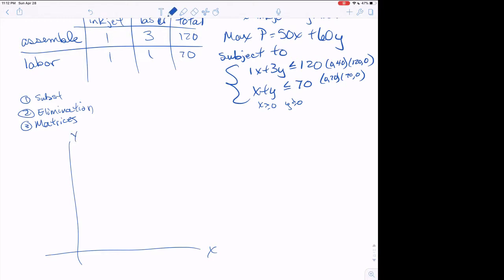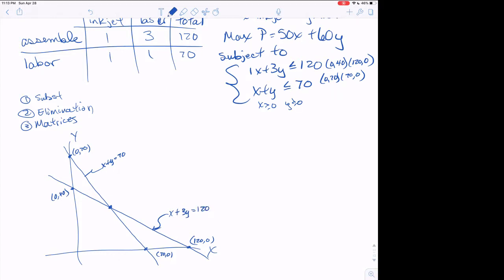So if I know that this is 70, 0, and this is 120, 0, and this is 0, 70, and this is 0, 40, then this line is x plus y equals 70, and this line is 1x plus 3y equals 120. So how do I find that point?